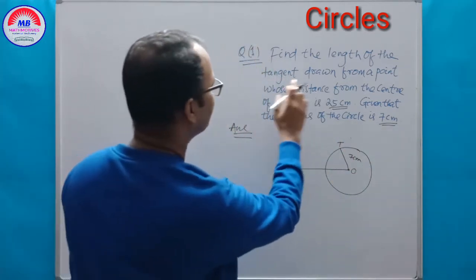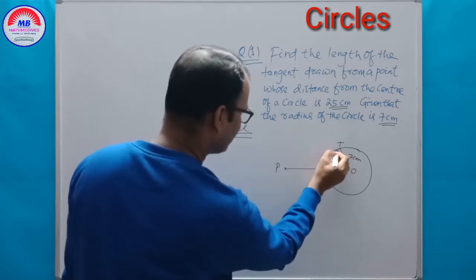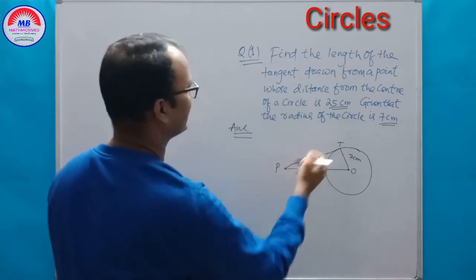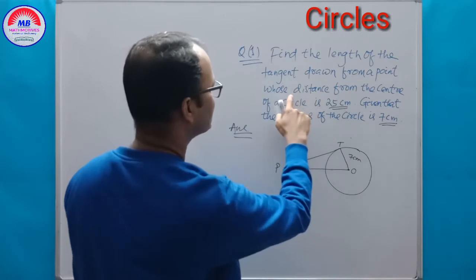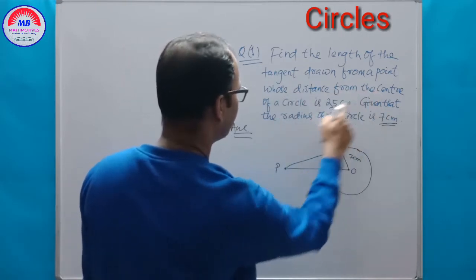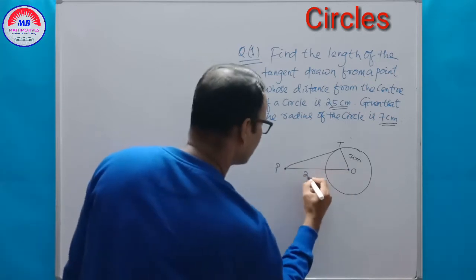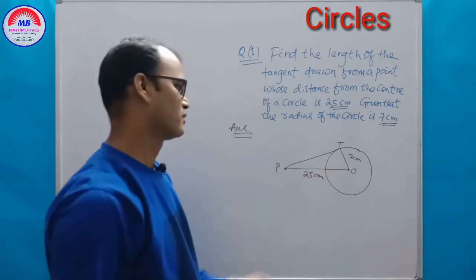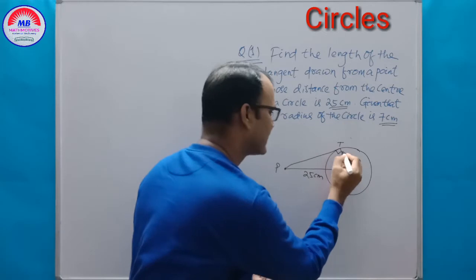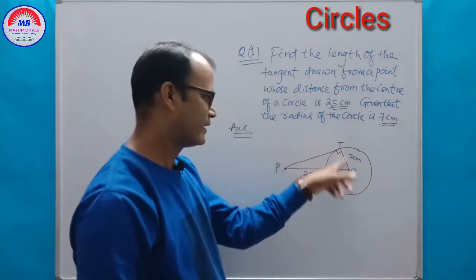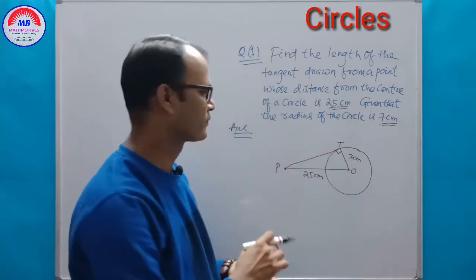Then we have to find the length of the tangent PT from a point whose distance from the center of the circle is 25 cm. Here you see this angle is 90 degrees because the tangent and radius are perpendicular to each other.